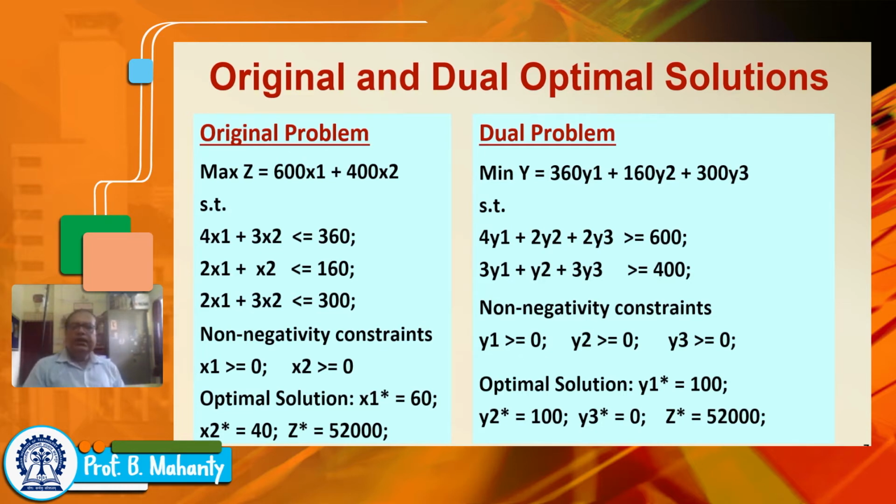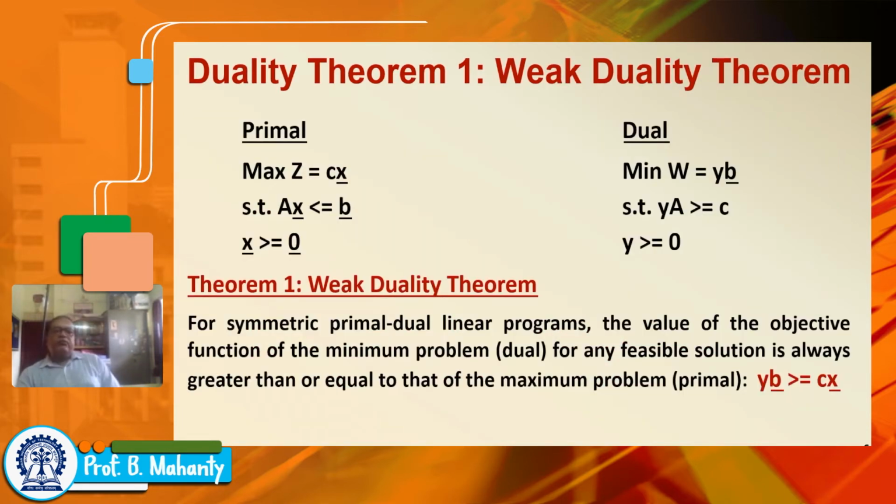So if you understand this, now once again read this weak duality theorem. For symmetric primal dual linear programs, the value of the objective function of the minimum problem, that is the dual, for any feasible solution is always greater than or equal to that of the maximum problem. That is, YB is always greater than or equal to CX, right?